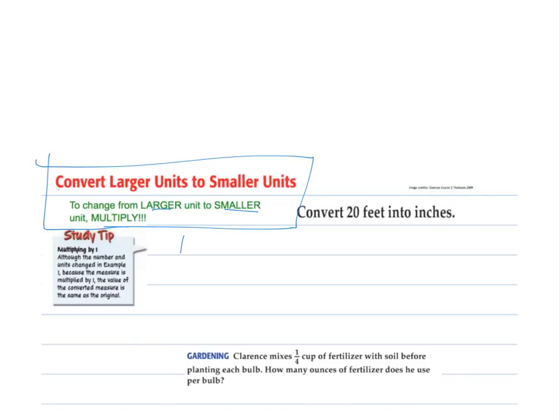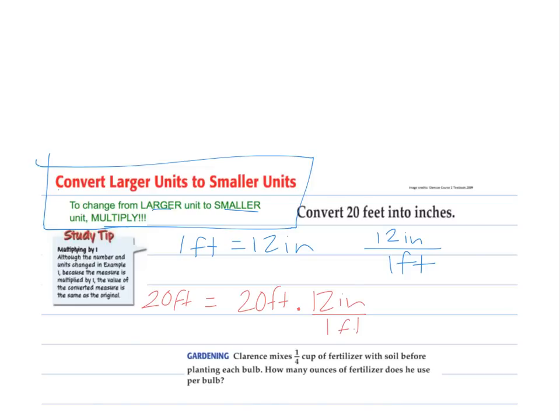Essentially, we know that 1 foot is equal to 12 inches. That's something that we know. So we can write that as a unit ratio as 12 inches to 1 foot. So 20 feet is the same as 20 feet times that 12 inches in every 1 foot.